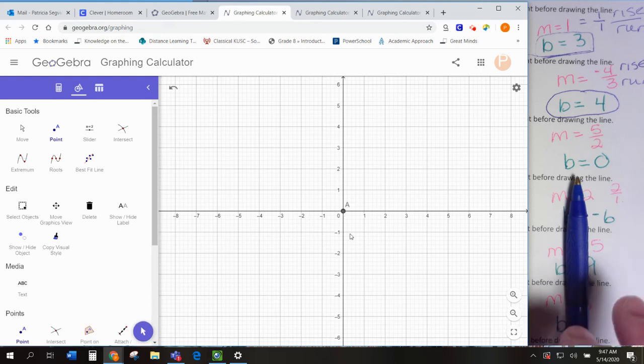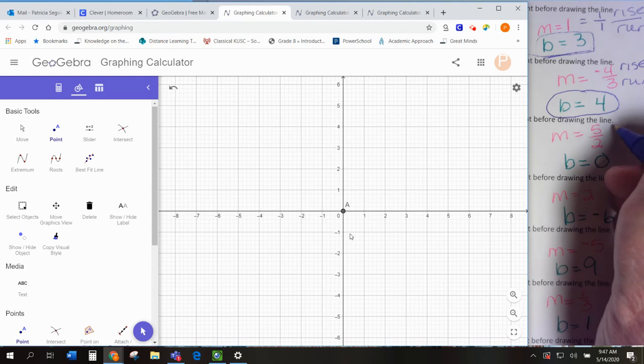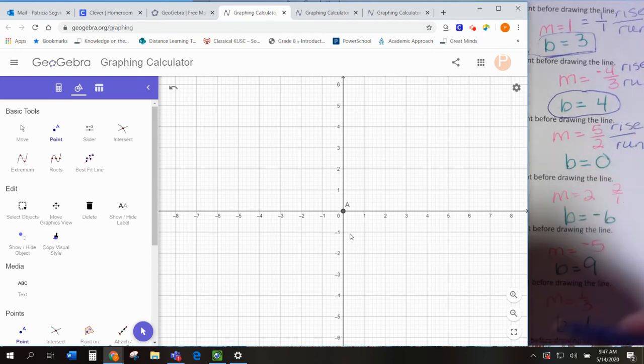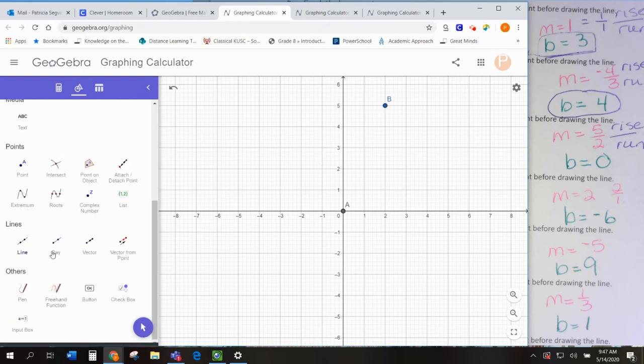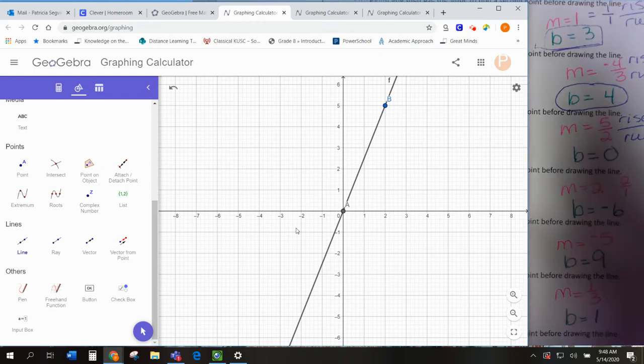And then our slope is 5 over 2, so we have a rise of 5 and a run of 2. They're both positive, so we're going to go 1, 2, 3, 4, 5, and over 2. And we can connect our line. There we go. So we've done this one.